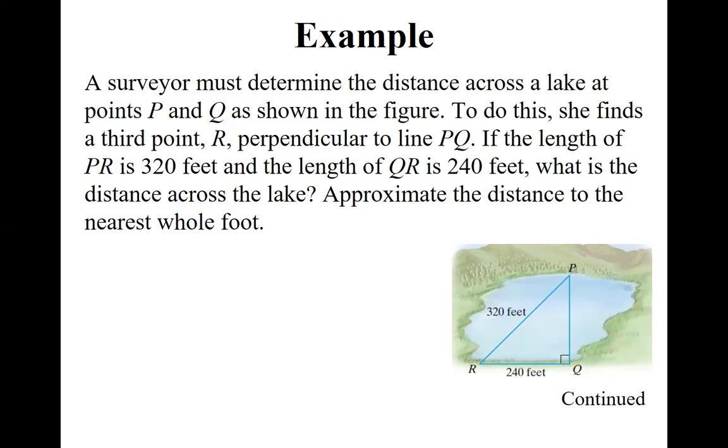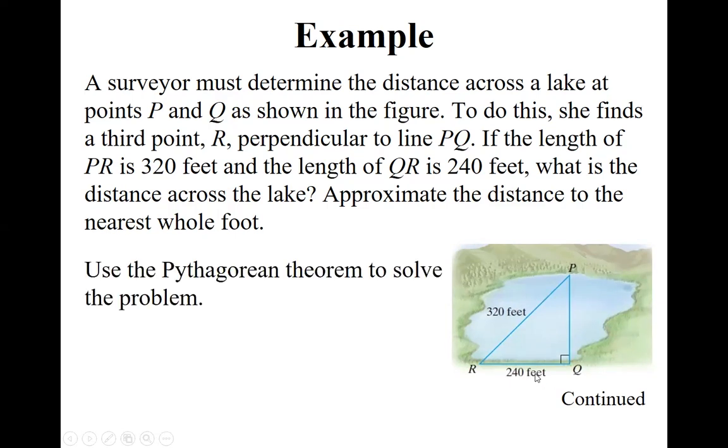We want the distance across, from P to Q. PR is 320. QR is 240. So we were given the hypotenuse and a leg. Use the Pythagorean theorem to solve.